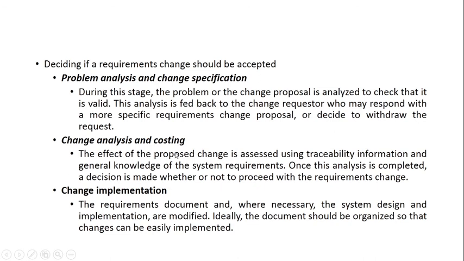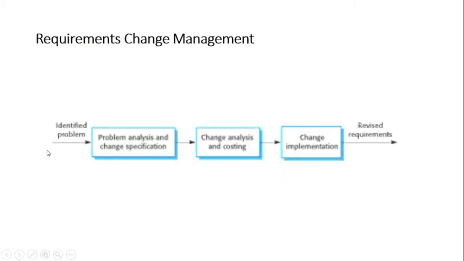Now if you find that it is going to give you benefit, right, then go for change implementation, else not. Change implementation is wherever the changes are required, you make the necessary changes and update the document. So this is a 3-step process which can be represented with a diagram also.